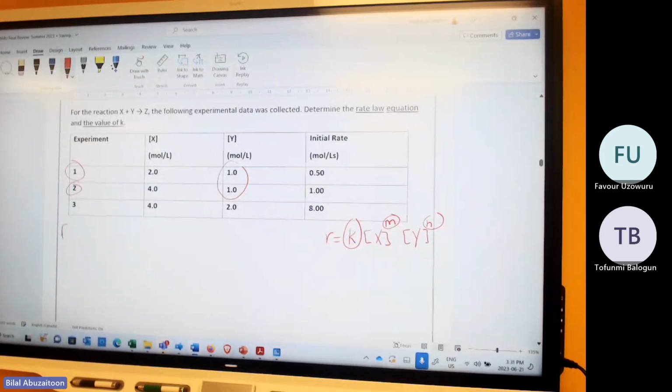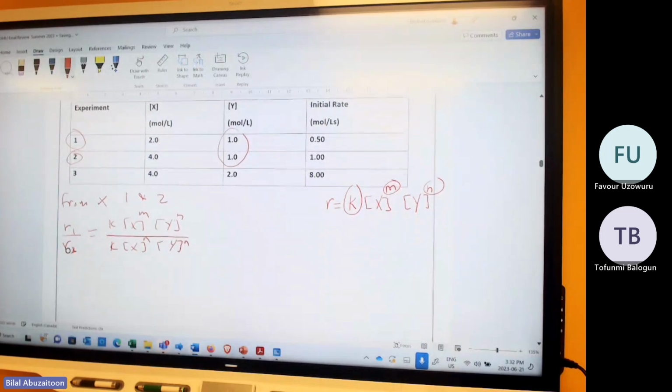From experiments 1 and 2, R1 over R2 equals K times x to the power of m, y to the power of n, over K times x to the power of m, y to the power of n.